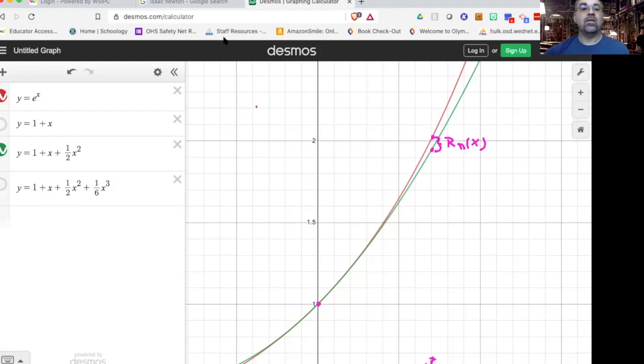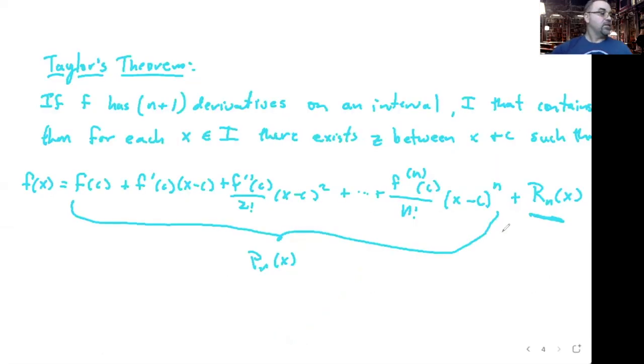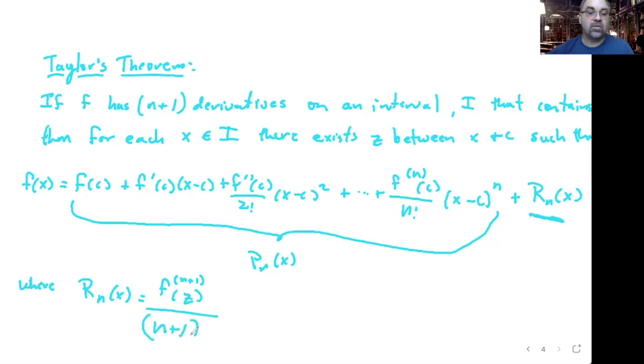But what Taylor goes on to do is define the polynomial's remainder: r sub n of x is equal to the n plus 1th derivative at z over n plus 1 factorial times x minus c to the n plus 1 power.